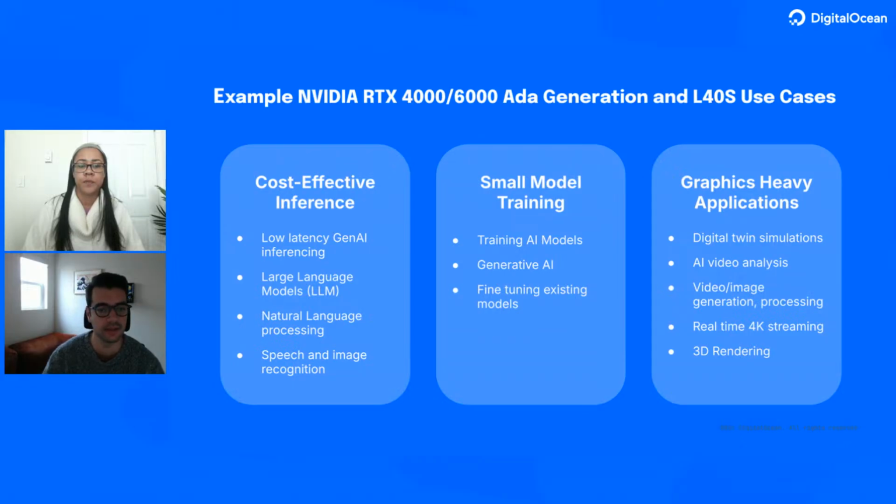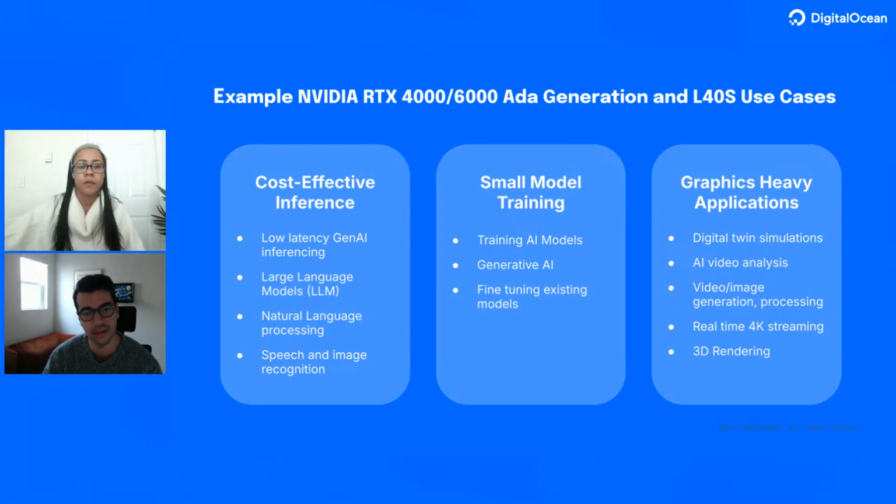Model training is where H100s excel. And we'll get to this in the next slide, but H100 is really for medium to large model training. But if you don't need that big of a size, you can really use these GPUs and train your models for less than half the price of an H100.